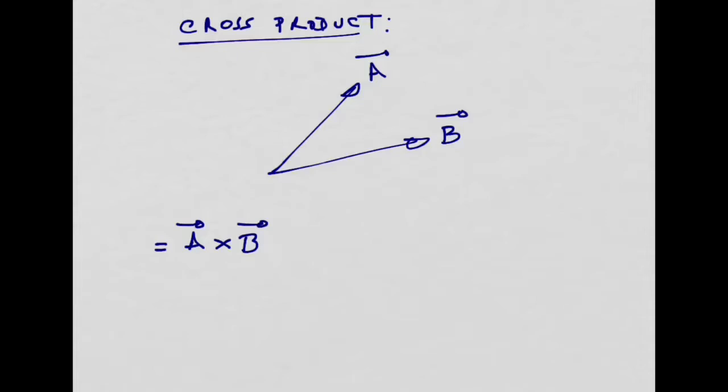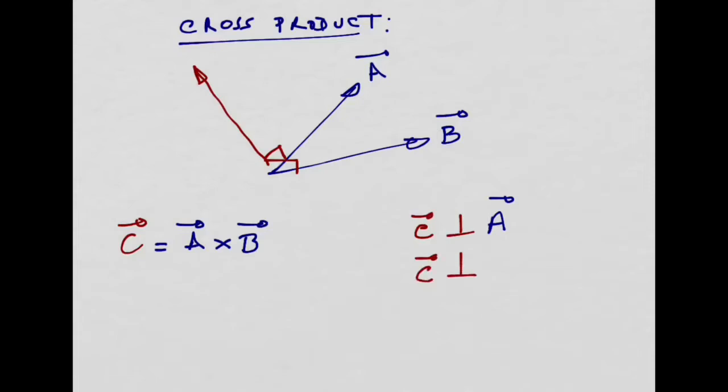This vector C is the result of this cross product, and it's going to be a vector which is perpendicular to vector A and perpendicular to vector B. So I can say: vector C is perpendicular to vector A, and vector C is perpendicular to vector B. Right?